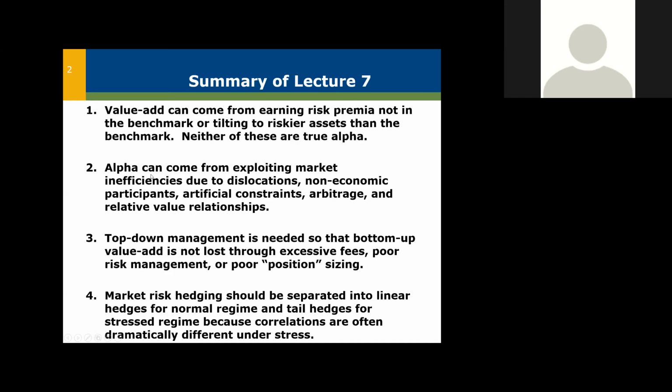And alpha is taking advantage of market inefficiencies. And we had this framework for five different areas where you could look for market inefficiencies. Those are dislocations, non-economic participants, artificial constraints, arbitrage, and relative value relationships.